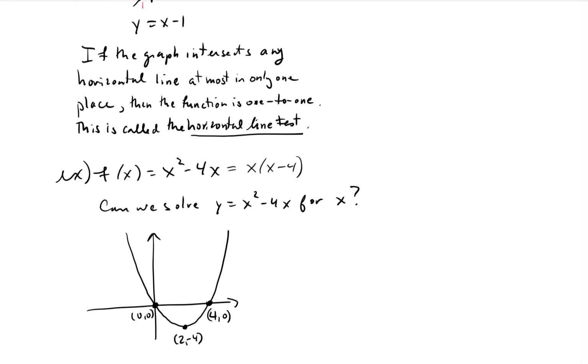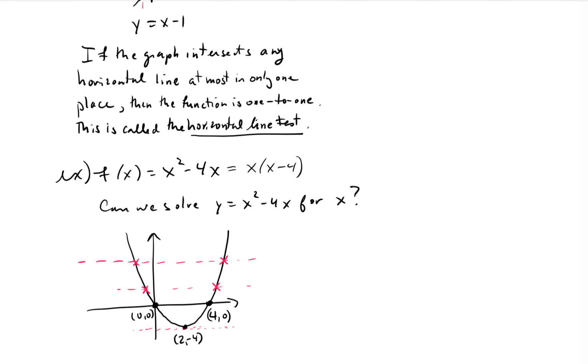But what's important to notice is that it fails the horizontal line test almost everywhere except at the vertex. At the vertex, we intersect the graph in only one place, but for all the other horizontal lines, we intersect the graph in multiple places. So there are multiple x values for a given y value, and that's the problem.